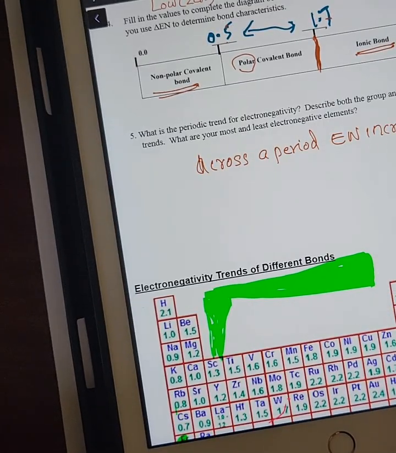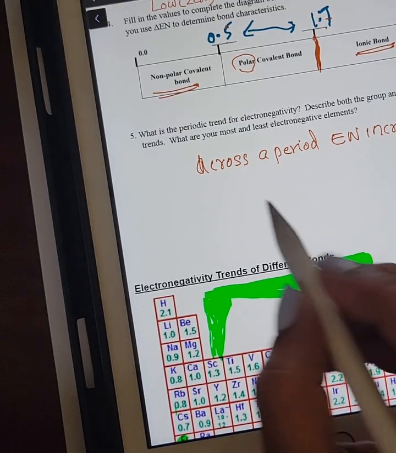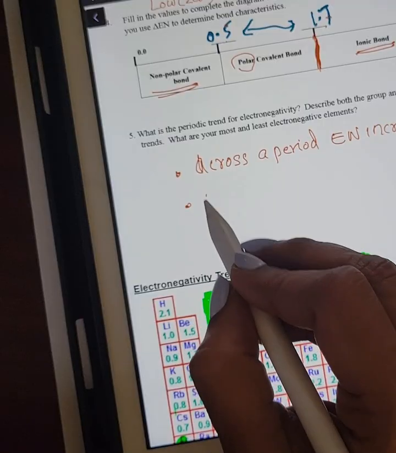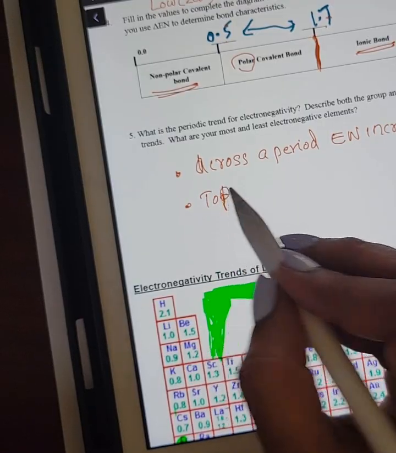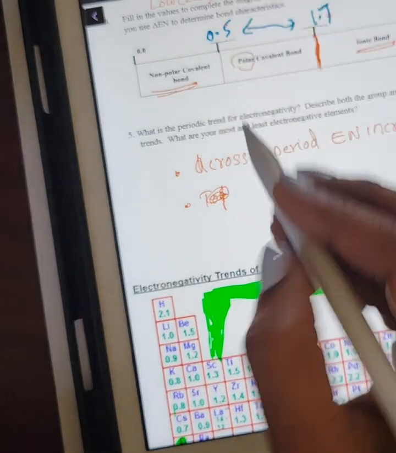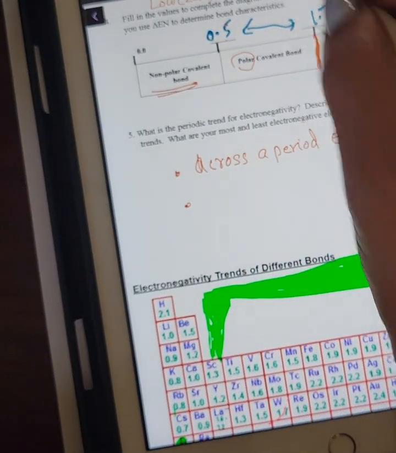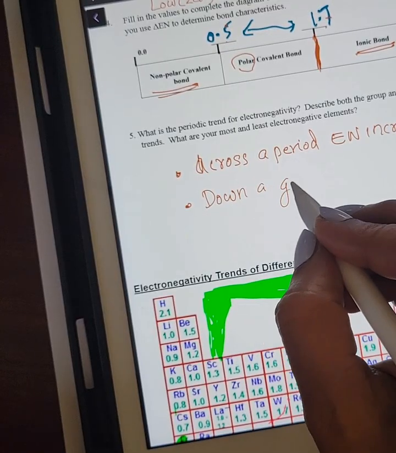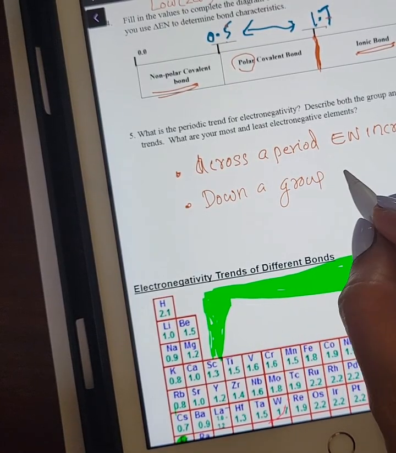Electronegativity increases, so the highest value is always fluorine; noble gases are the exception. Top to bottom in a group, which is going down a group, it is decreasing.